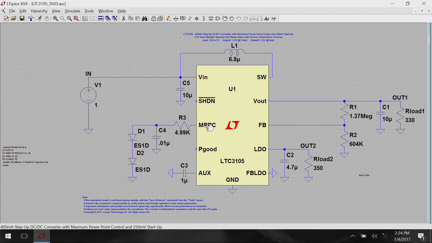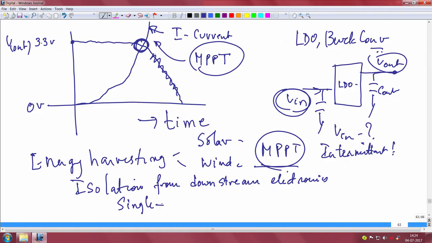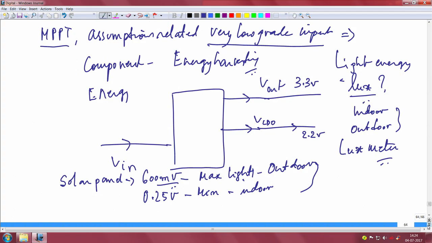What it actually does is, if you take an energy harvesting source such as a solar panel, I mentioned to you that a single cell, I should say single cell, not panel, gives a maximum of 600 millivolts under temperature conditions of 25 degrees.